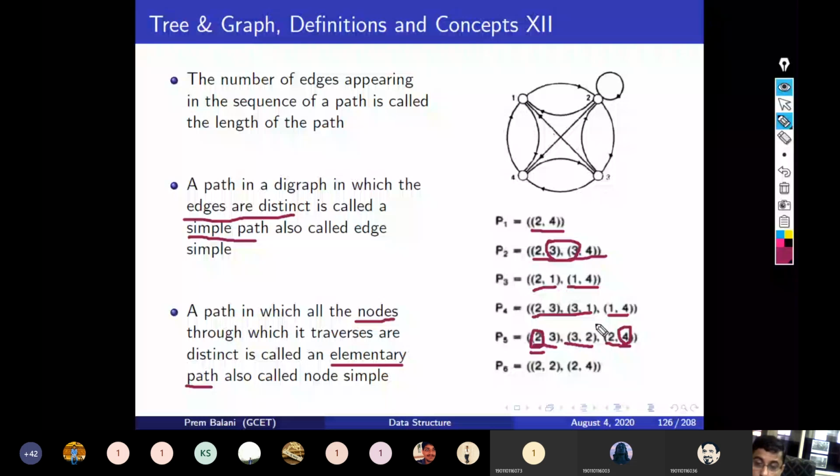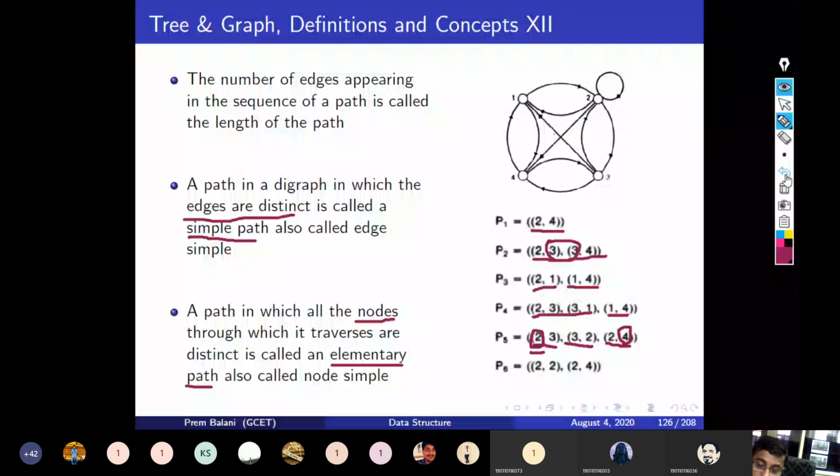So this is not an elementary path, but can we say it is a simple path? Yes, because 2 to 3, 3 to 2 and 2 to 4 are different edges. Yeah, very good. So now let's go ahead. Now 2 to 2 and 2 to 4. What about this?